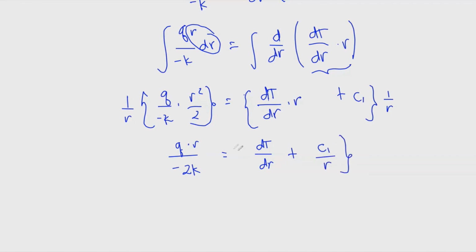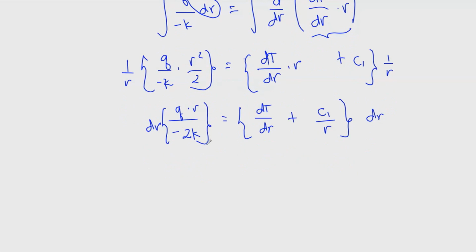And now I can multiply both sides by dr to finally separate the equations. So what we'll get here is negative qr dr over 2k, that is equal to dT plus c1 over r. Now let us integrate each of the terms.